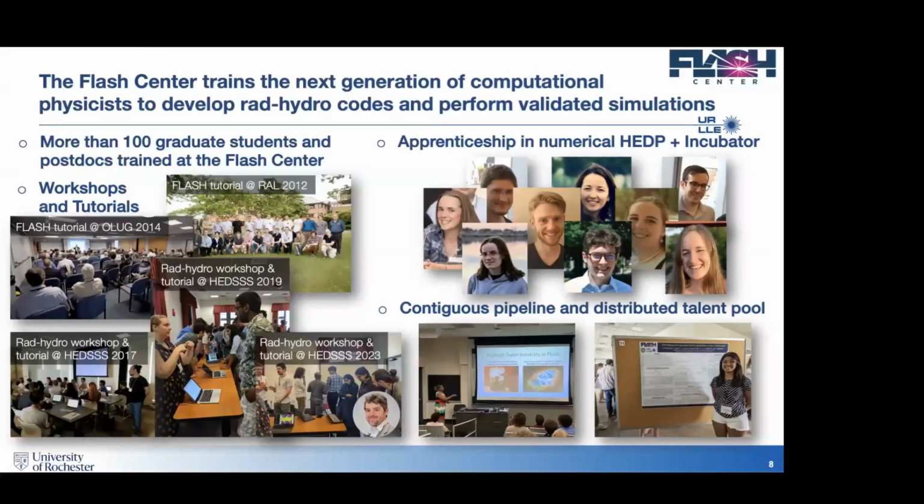Through the years, more than 100 graduate students and postdocs have been trained at the Flash Center. In a very long period where essentially the access to graduate students was very limited in our previous department, I created this apprenticeship model where we would also bring students and researchers from peer research institutions and collaborators to spend time at the Flash Center for Computational Science with us for extended periods of time to learn about the code and then go back and propagate the knowledge.